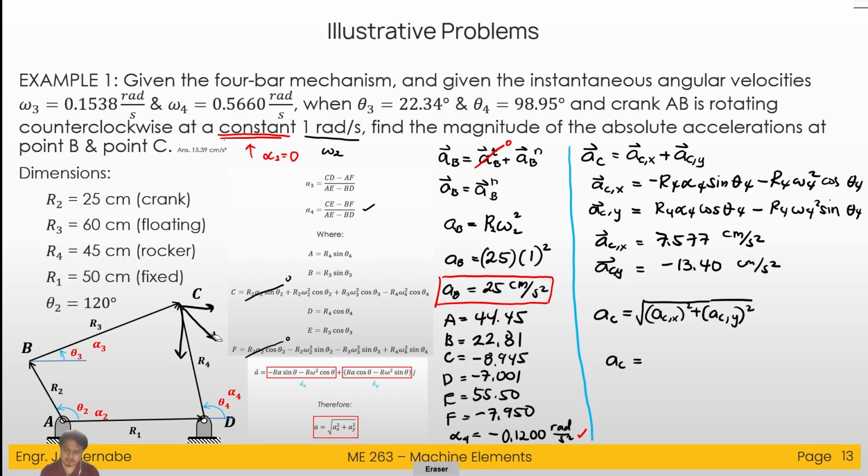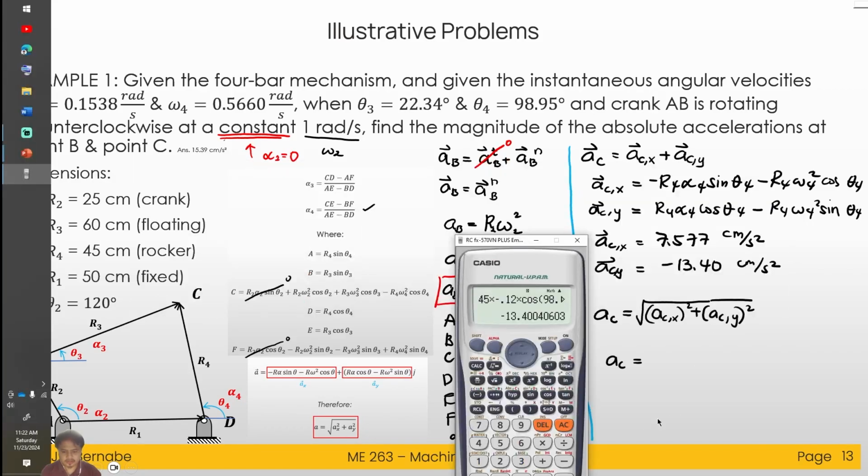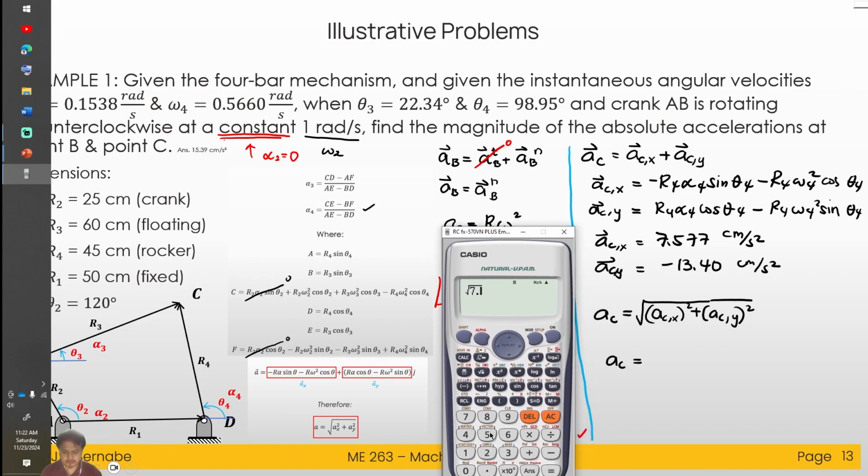Okay. So it will look like this. In here you can just find the magnitude of the acceleration by finding the hypotenuse of these two components. So 7.577 squared plus negative 13.4 squared.